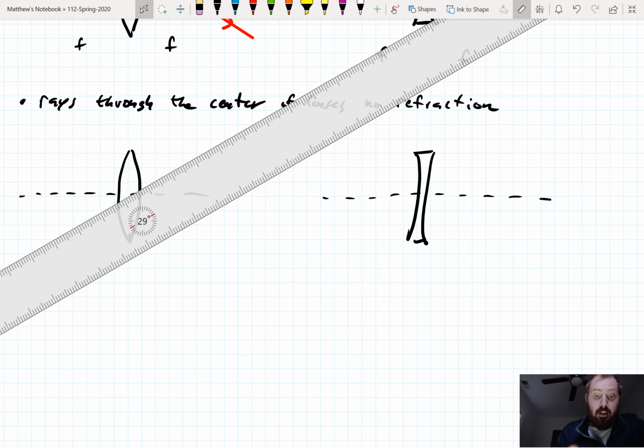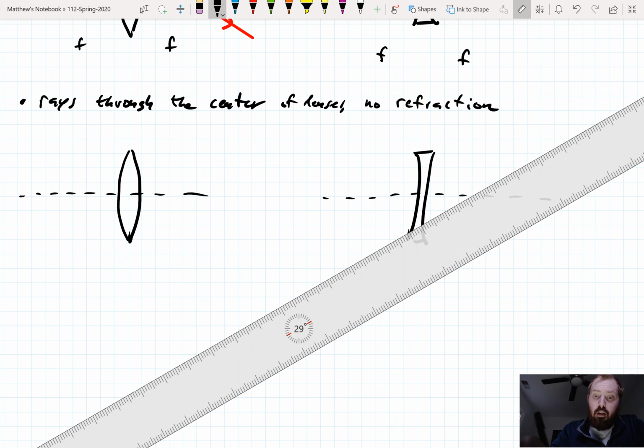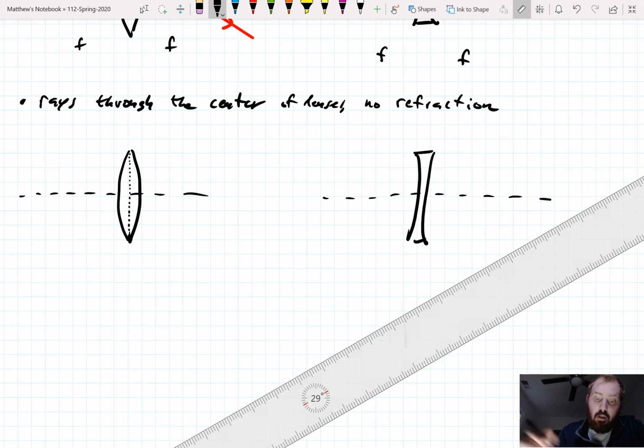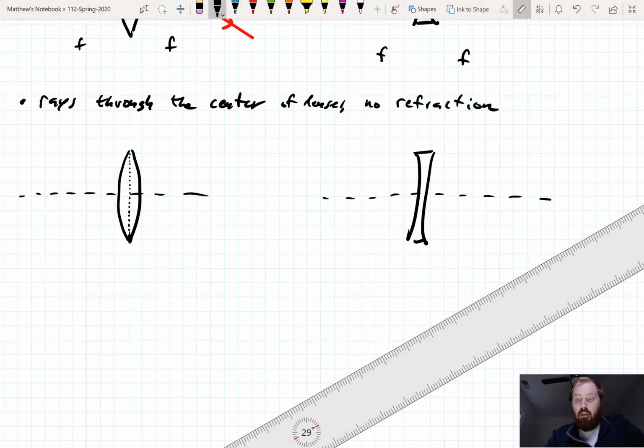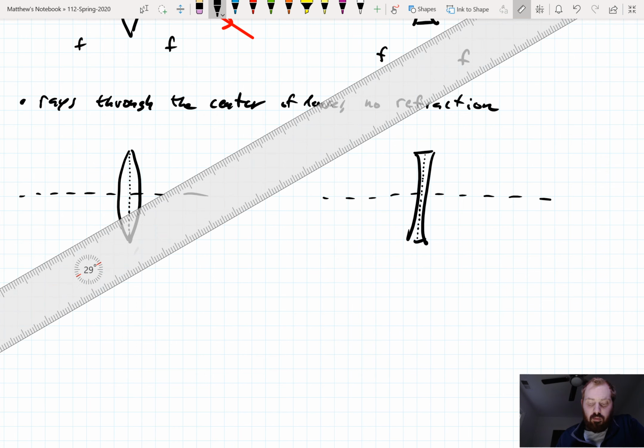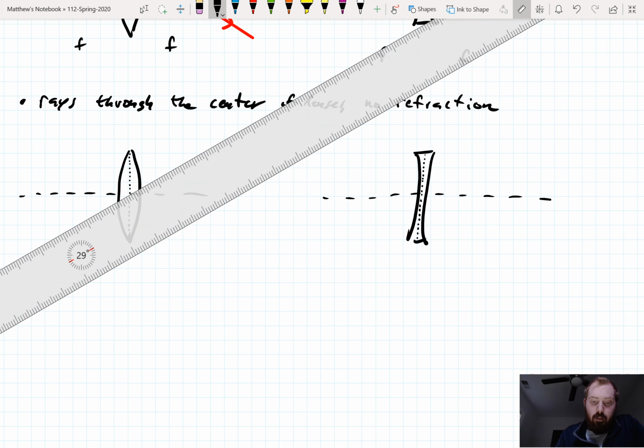If you hit the center of the lens, some resources you'll see them do a little dash line there to help with the drawing. All right, the dots mean the center of the lens. And if you're wondering why your textbooks use the word thin lenses, this is why.